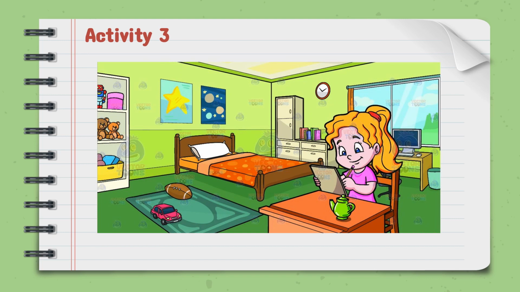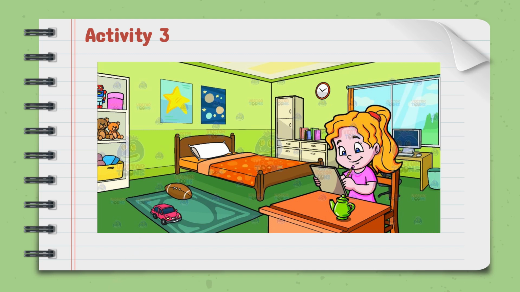For this activity, look at the picture and think of sentences that you can make from it. Can you look at the wall? What is there on the wall? Yes, you're right.